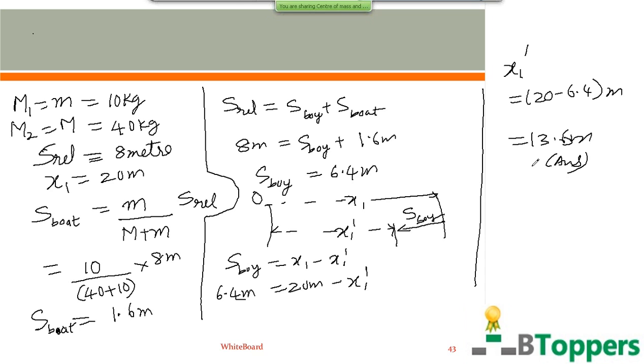Next, I am going to discuss an alternate method for the same problem, because some of the students may not be able to recollect this result which I have directly put here. If you remember the discussion I did for the last special case in the previous class, you will be able to use this formula directly.